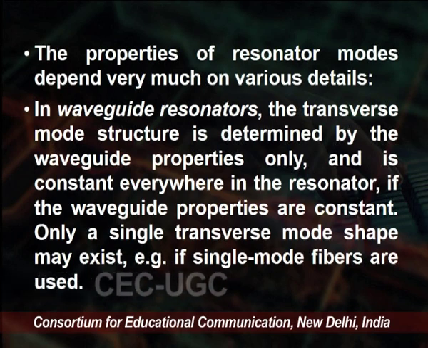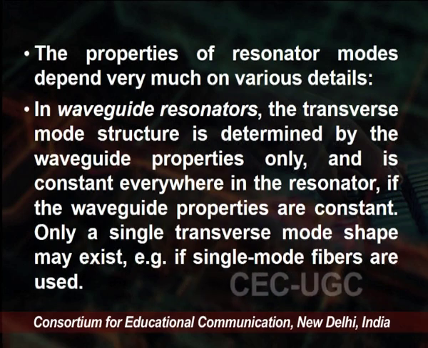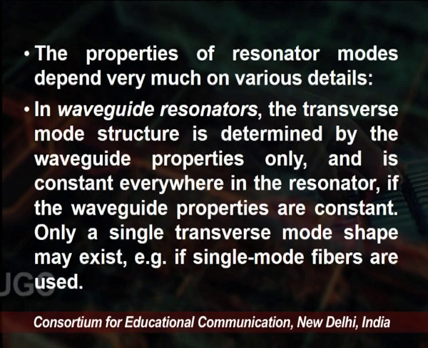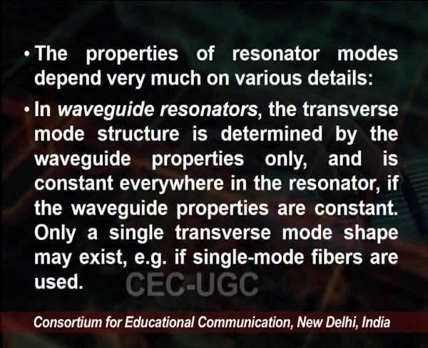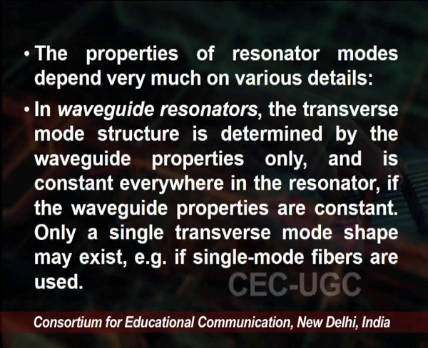Once it is fixed, it will be the same throughout the resonator. If the waveguide properties are constant, only a single transverse mode shape may exist. So, if single mode fibers are used, then we have a single transverse mode shape.